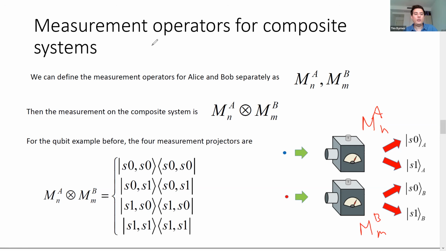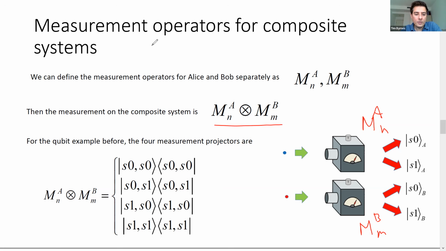And when we want to write down what the measurement is for this combined system, then basically what we do is we take the tensor product of these 2. And again, tensor product basically means that you're going to look at all the possible combinations of the outcomes that can happen.